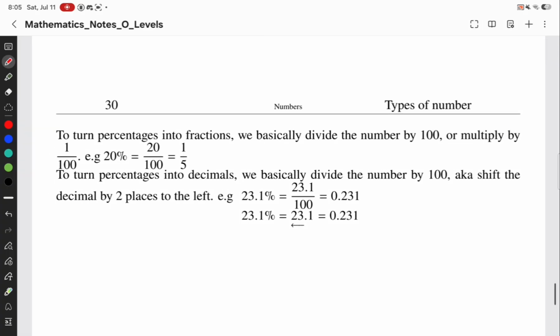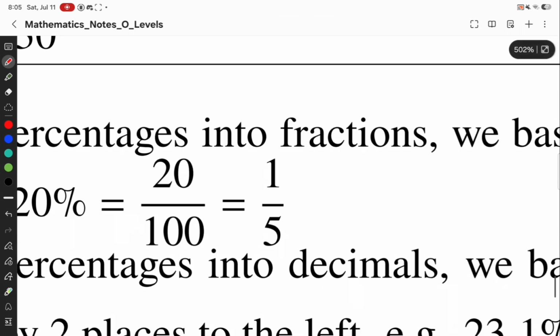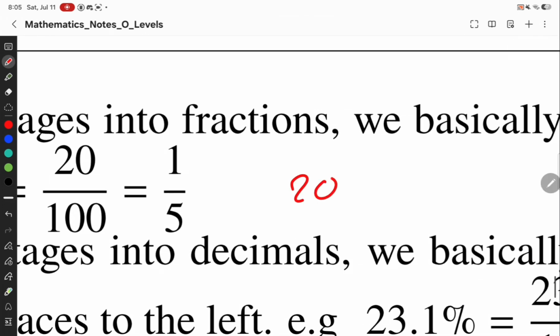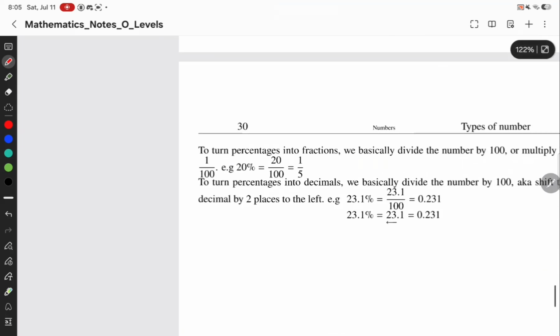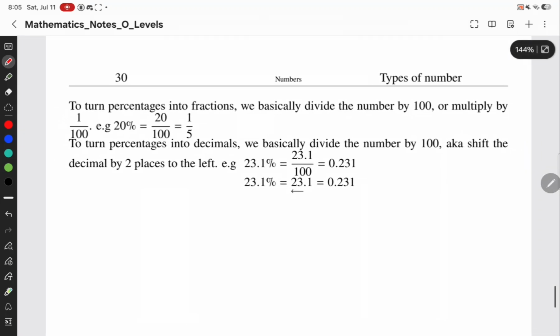To turn percentages into fractions, you basically divide the number by 100 or multiply by 1 over 100. See? Example, 20%, you get 20 over 100, or 20 times 1 over 100, so you get 1 over 5. To turn percentages into decimals, you basically divide the number by 100, aka shift the decimal places to the left.